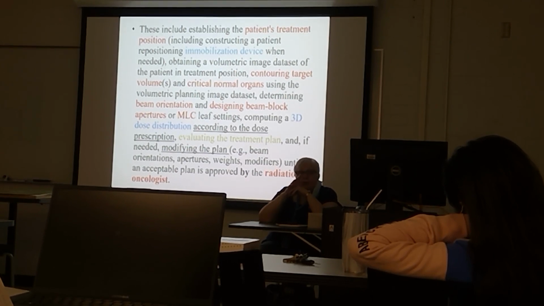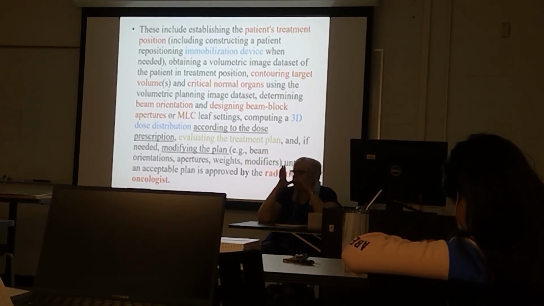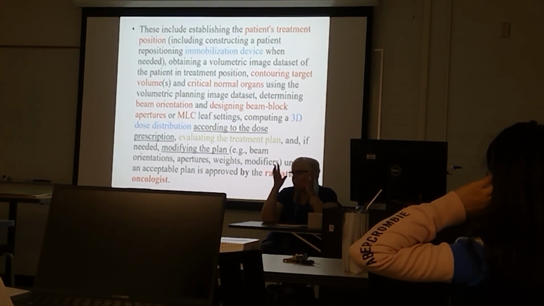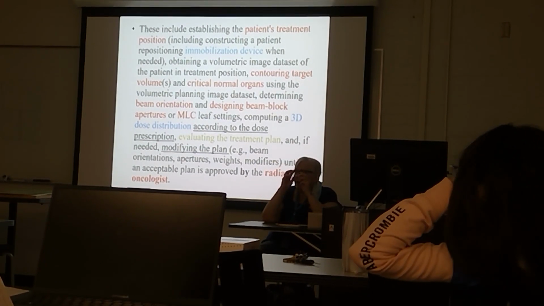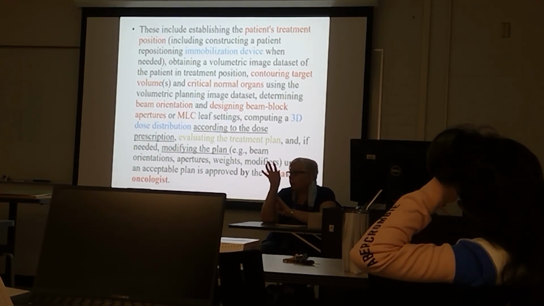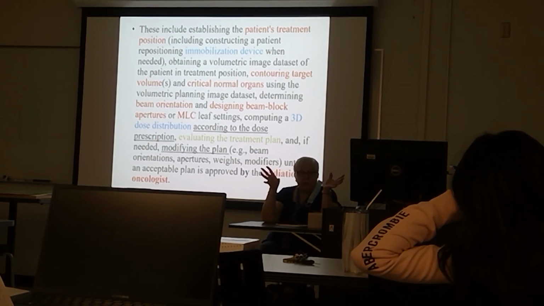That's what KV beams are for. You can get a beautiful position on bony anatomy, and then if you look at the soft tissue, it's way out there. I'm talking a centimeter, which is enormous for cone beam CT.